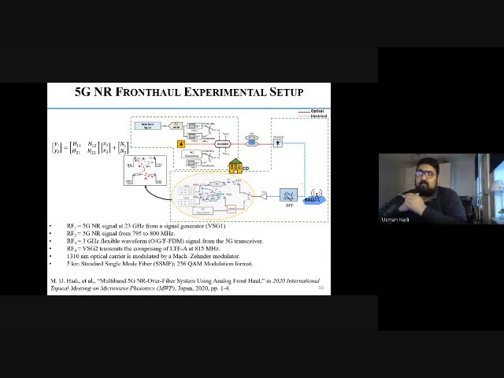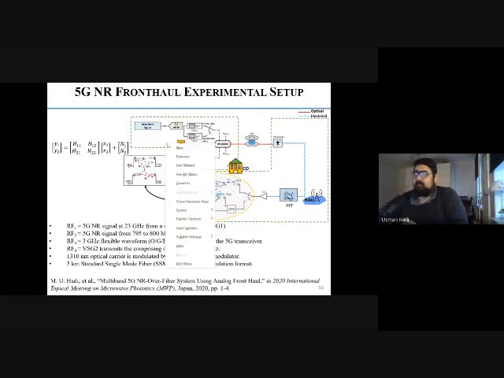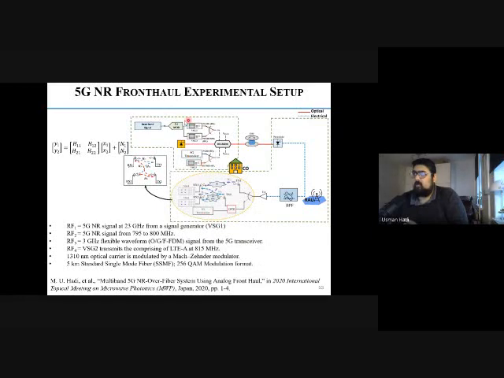So for that, we started the experimentation with the new radio, which is 5G NR, using a Mach-Zehnder modulator, which is the external modulation technique. We still have radio over fiber. So this block that you see, let me change it back to pointer, this all is actually your radio over fiber. This is the baseband signal generation.